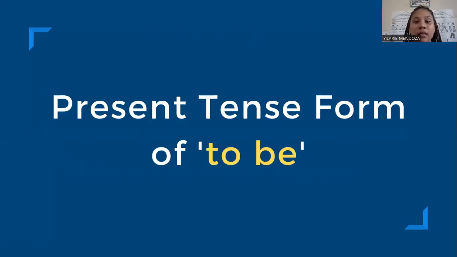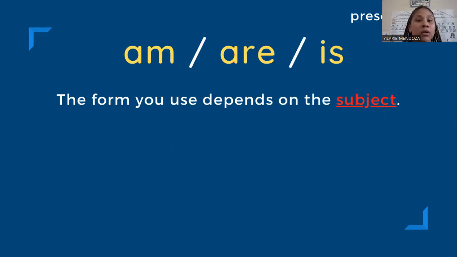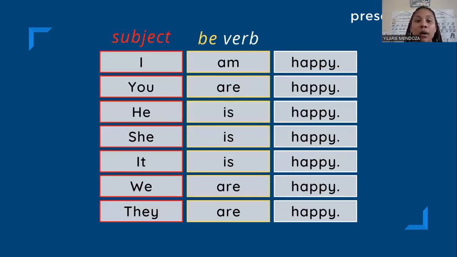The present tense forms of the verb to be are am, are, is. The form depends on the subject. He is happy. The subject and verb to be: I am, you are, he is, she is, it is, we are, they are.